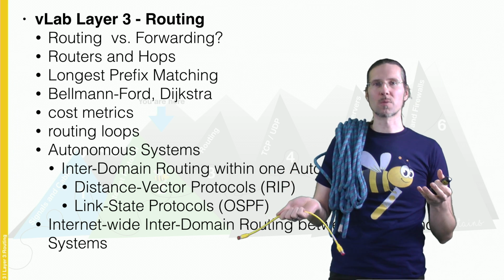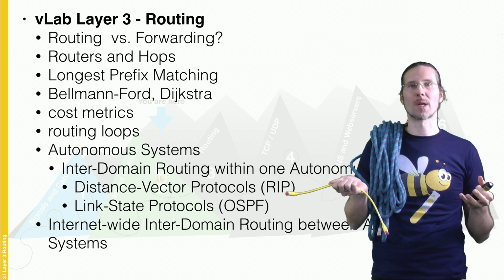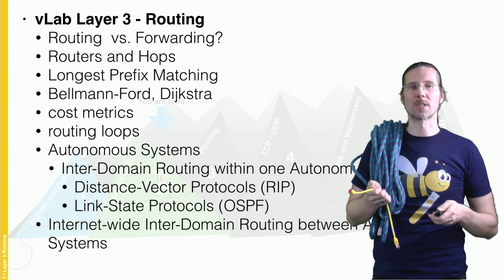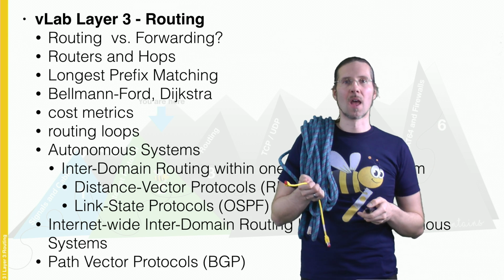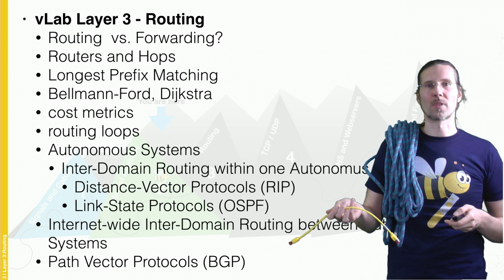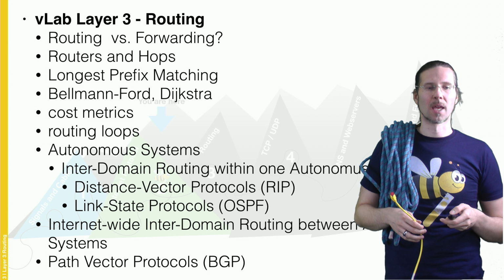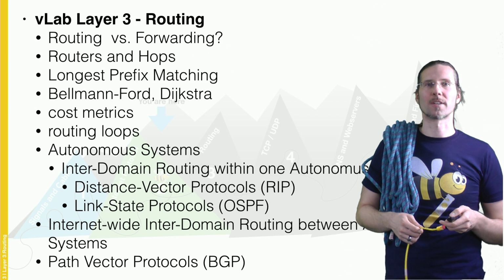So this will be sending data to your service provider, while this will be sending data then within the service provider network to your concrete computer that receives it. And for this mechanism, we use path vector protocols, and BGP is the protocol of choice there.